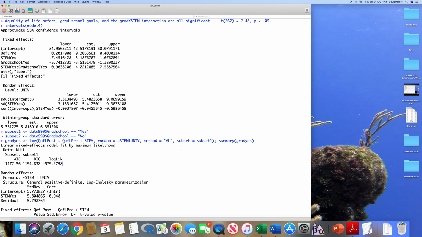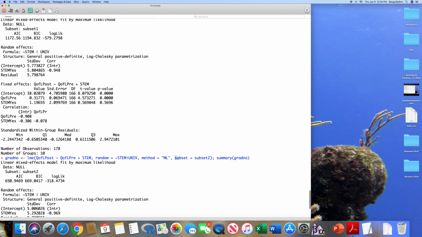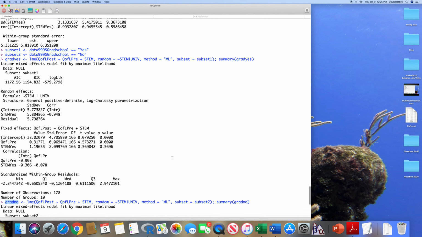And you can see that I communicated to R that I want to use only those students in the analysis. Whereas down here, you can see that I use subset number 2. In other words, create the model for those who do not intend to attend grad school. And I used a totally creative model name, grad no, grad yes.